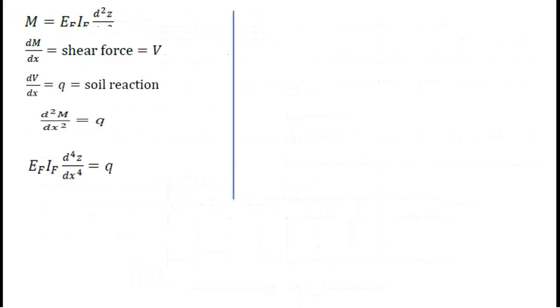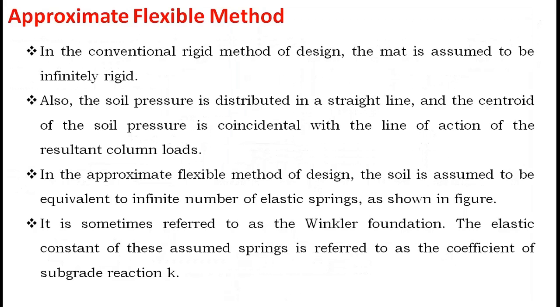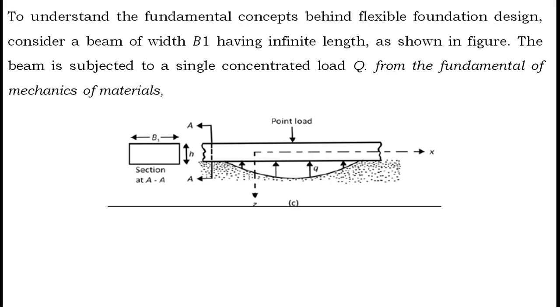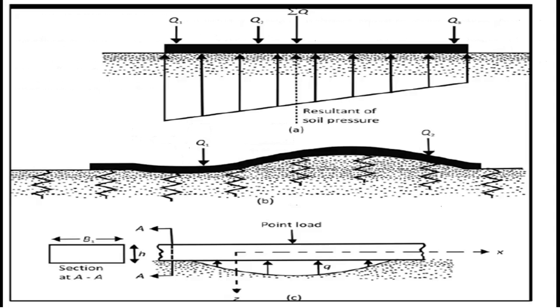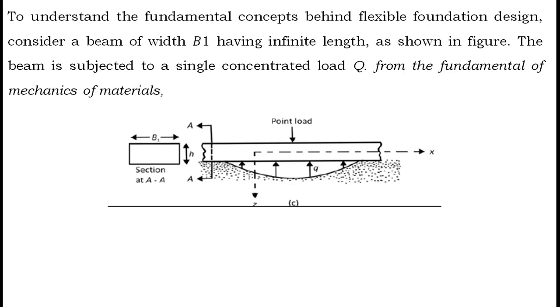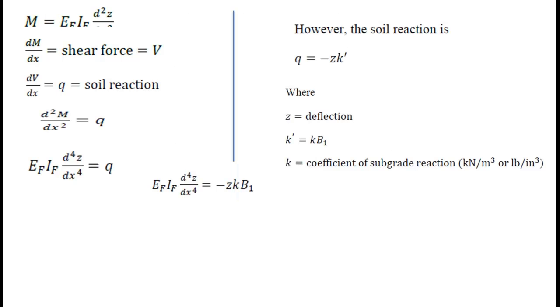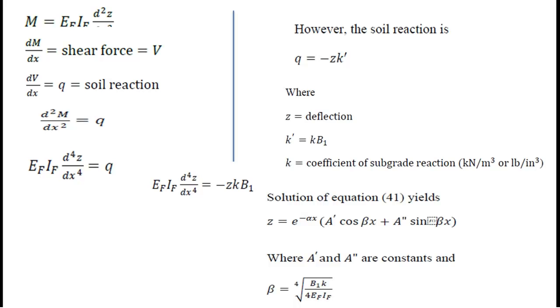Don't get confused. See here, I said approximate flexible method, and I compared the conventional method and the approximate flexible method, and here I explained just the principle behind the approximate flexible method. While explaining this principle, I equated strength of materials and pavement design, and got one conclusion.